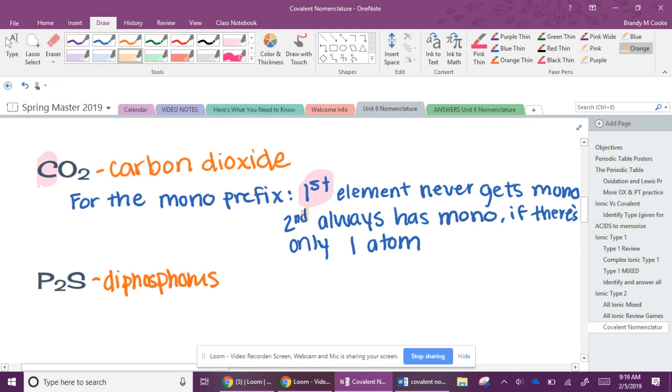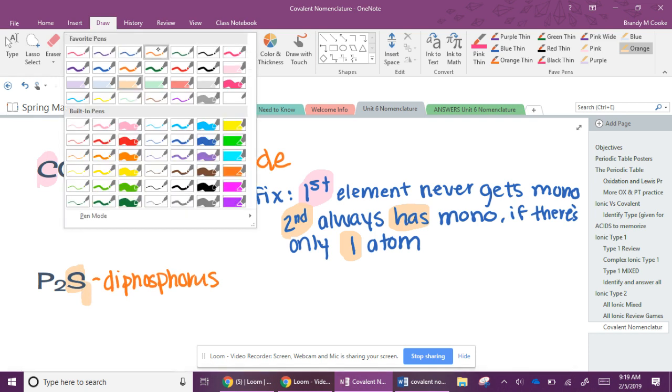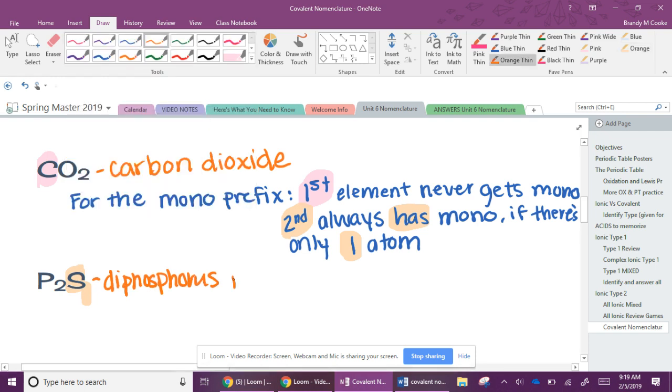So here's sulfur, and there's only one of him. So diphosphorus monosulfide. Easy enough, yeah? That's rule number one. So mono, first element, never, second element, always, as long as there's only one atom.